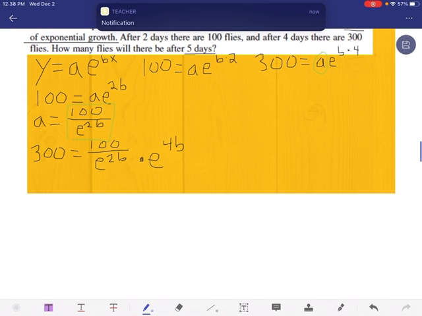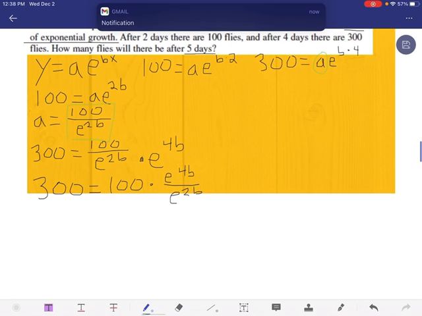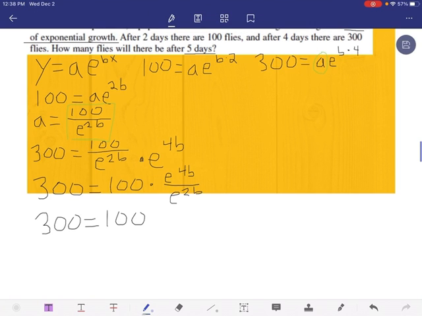So if we were to simplify this, notice we could rewrite this as 100 times e to the 4b divided by e to the 2b, because my e to the 2b would be in my denominator if I multiplied straight across. Now this allows us to be able to subtract our exponents, so we would have 4b minus 2b gives us 2b.